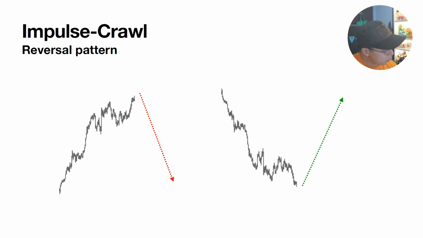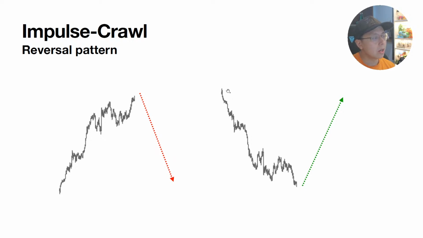And then at some point, you start to realize, oh, it starts to struggle. It starts to lose momentum, lose energy as it continues to go higher. Whenever we see a pattern like that, there's a high possibility the market will eventually U-turn. So it's a reversal pattern.